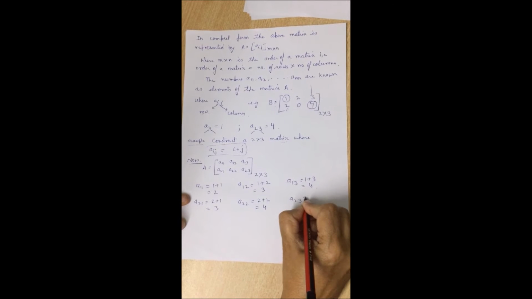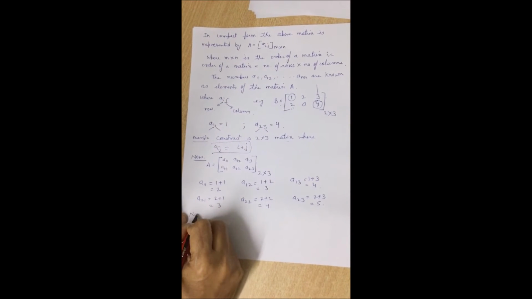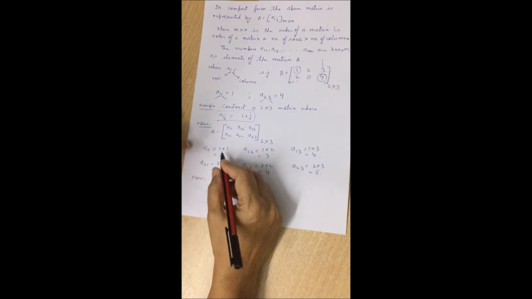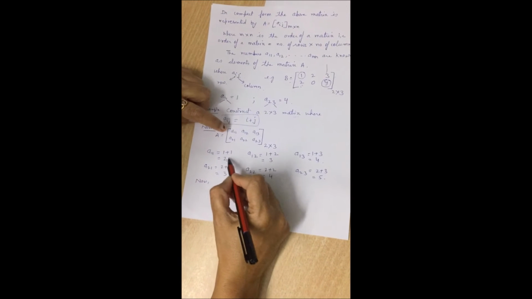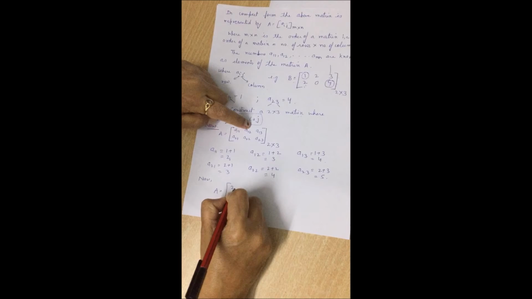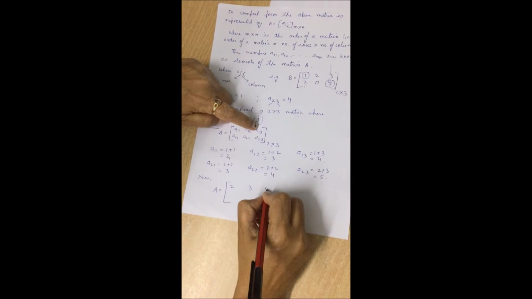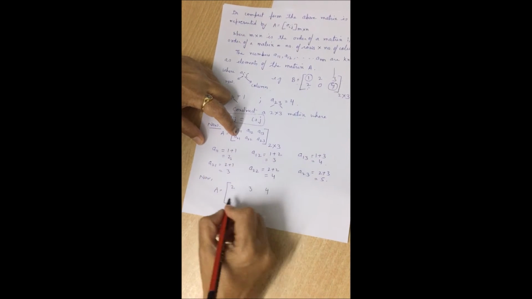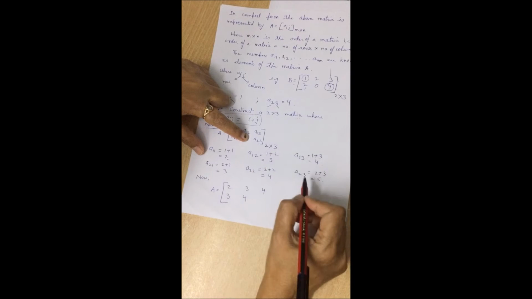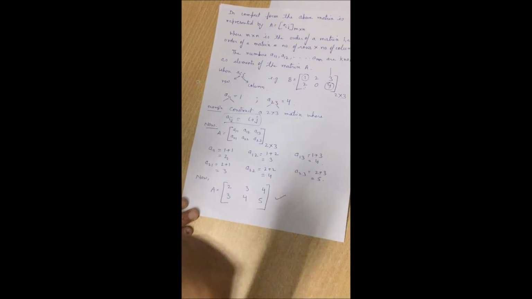And A23 is 2 plus 3 equals 5. Now the resulting matrix can be written with A11 replaced by 2, A12 by 3, A13 by 4, A21 by 3, A22 by 4 and A23 by 5. That means this will be the resulting matrix.